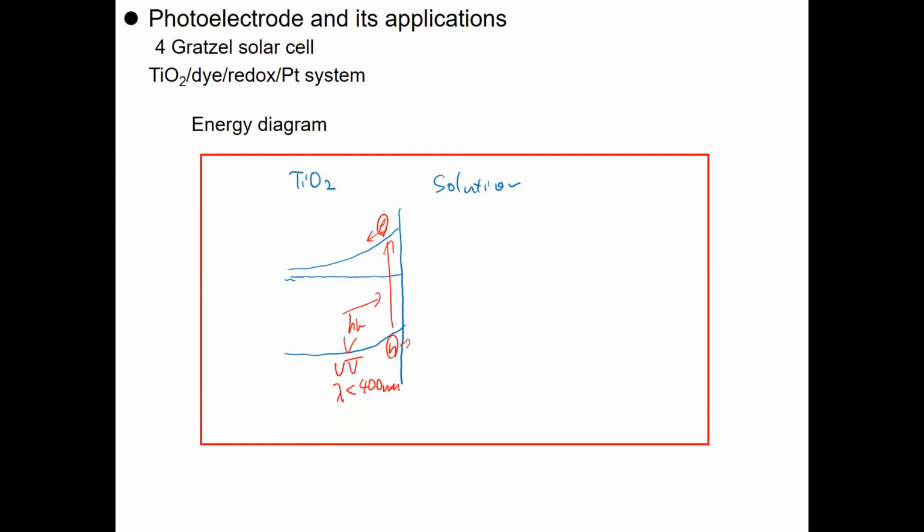However, in the Gratzel cell, they use the dye molecules on the surface of TiO2, whose energy level is tuned like this.